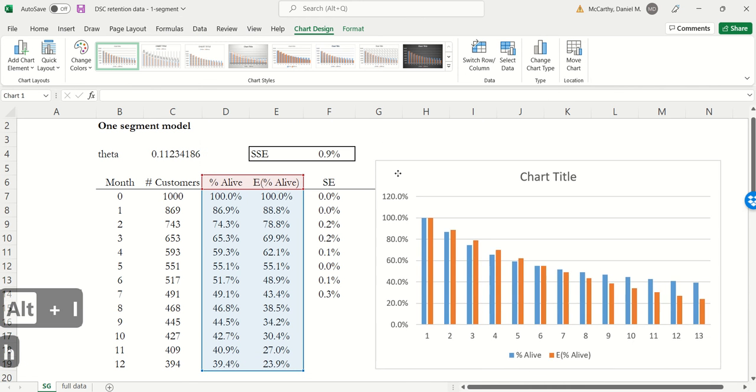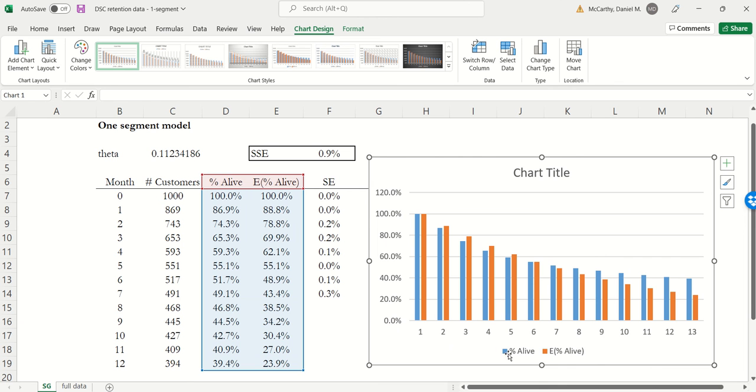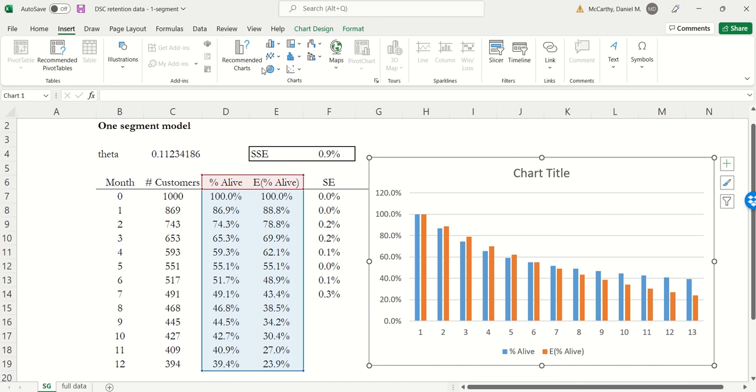We can see the chart over here. Blue is actual, orange is expected, and we see that after month 7, we're systematically underpredicting.